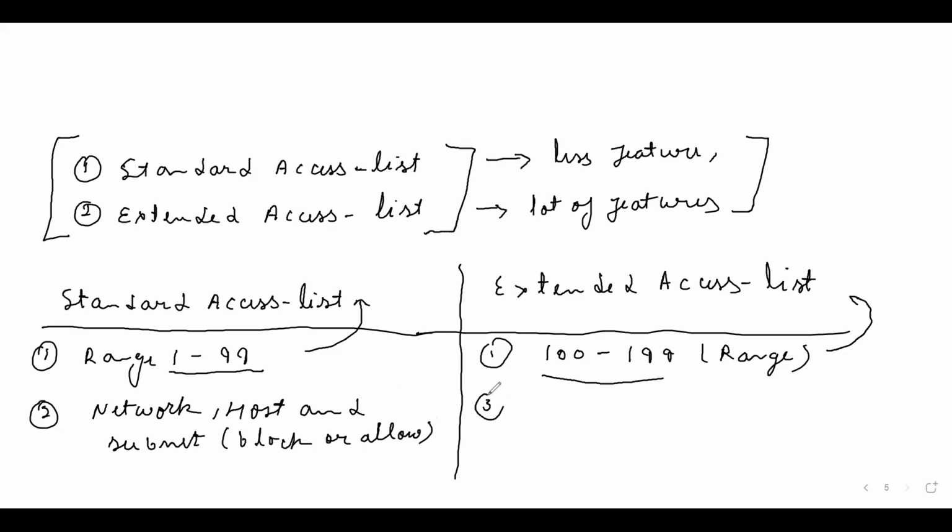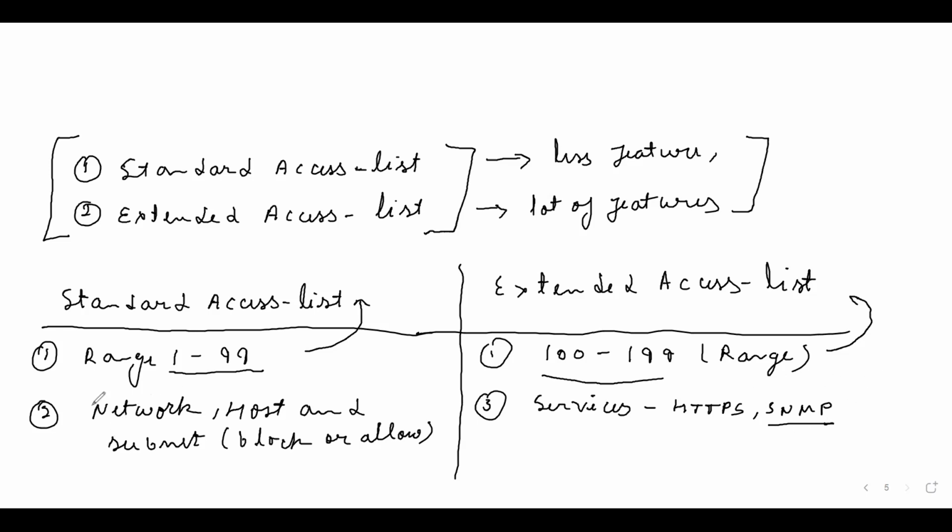But extended access list, you can block specific services. Services means, suppose I want to block only HTTPS traffic. So I can block. I can block only SNMP traffic. I want to block only SNMP traffic, so I can block only SNMP, and it will not affect my whole network.